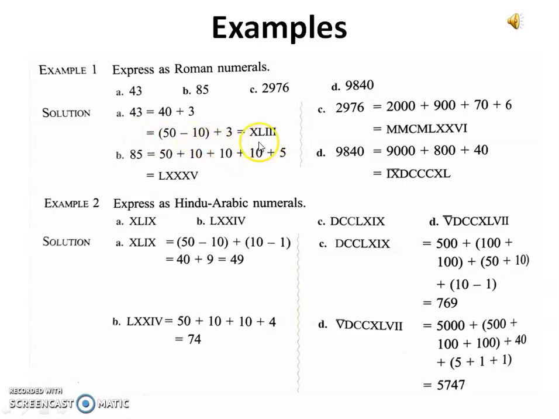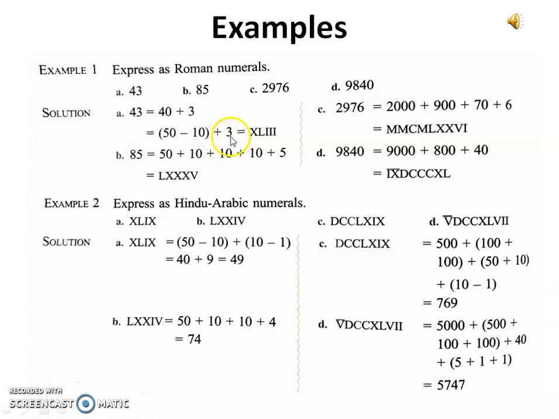So we have to write 10 in Roman form on the left side of 50. For 10 the Roman numeral is X. So we will write X first, then the Roman numeral that stands for 50, that is L. So X then L. This XL gives the value 50 minus 10.